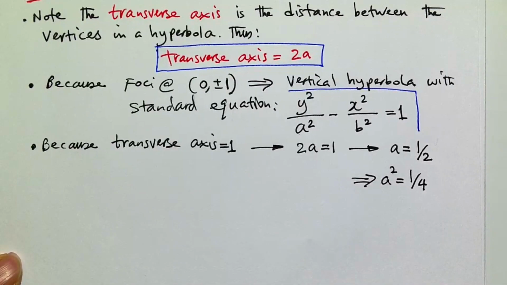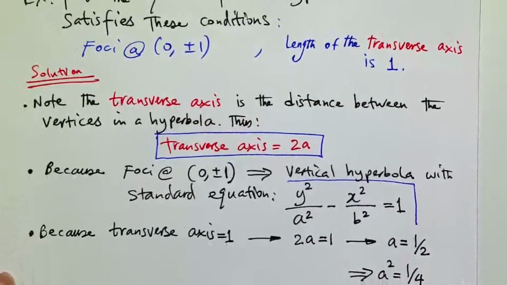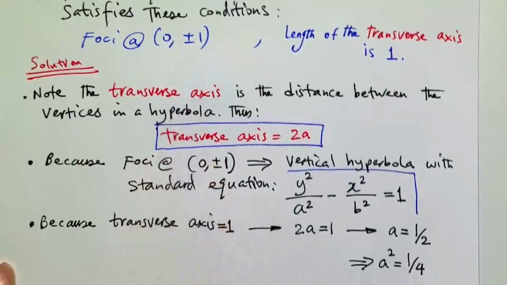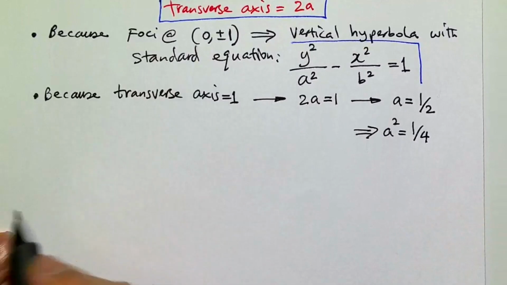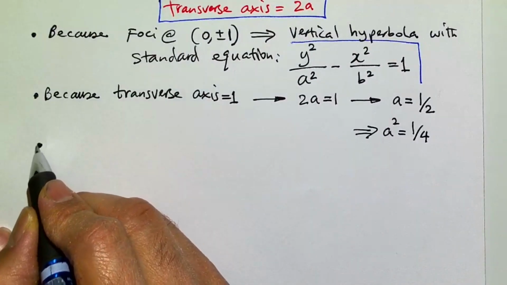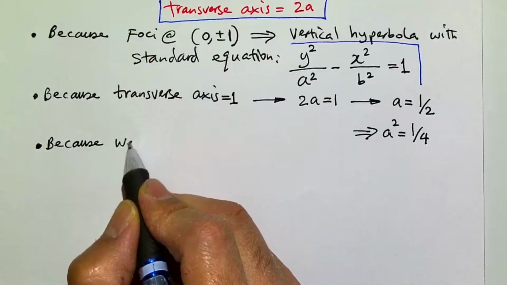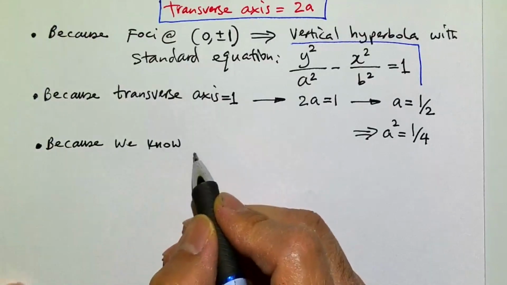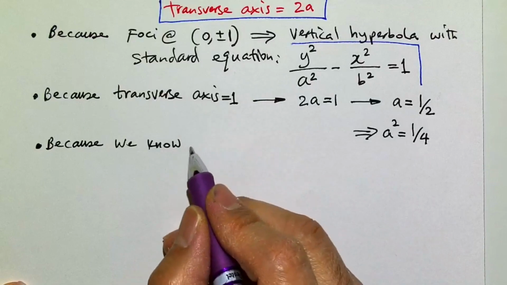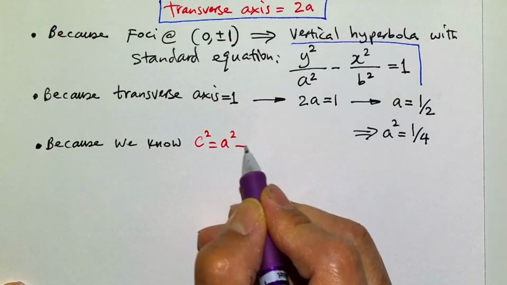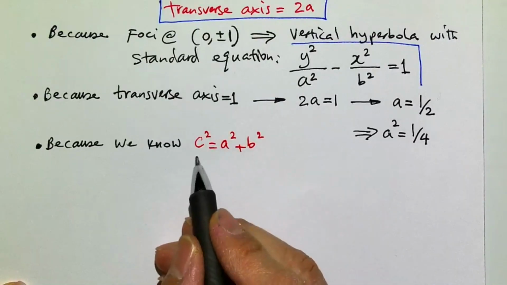Okay, so also we are given the foci, so we know what c is, so we can easily find b squared. Let's do that. Because we know that c squared is equal to a squared plus b squared, let's plug in.